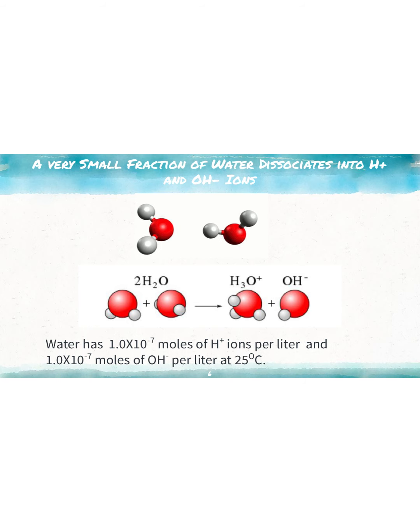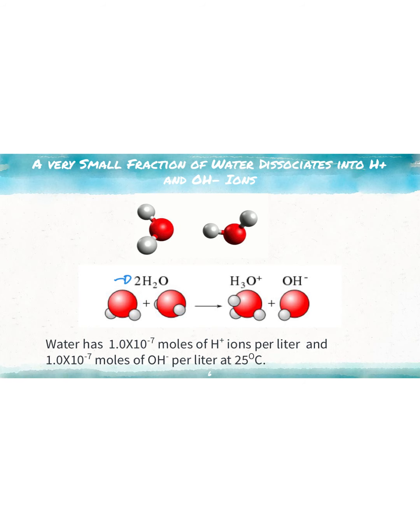All right, and here's an image of that. We have two water molecules autoionizing into H3O+ and OH-. So now what we're seeing is that water does dissociate to a very small extent.